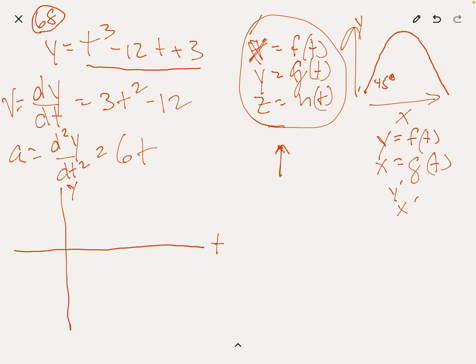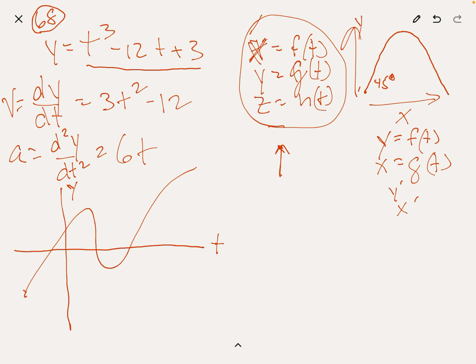So now we can graph y as a function of t, so we can visualize it in a way that we're used to. I don't know what that function looks like. You could graph it if you could use a graphing calculator, but I don't know. It's a cubic function, so it might be something like that.